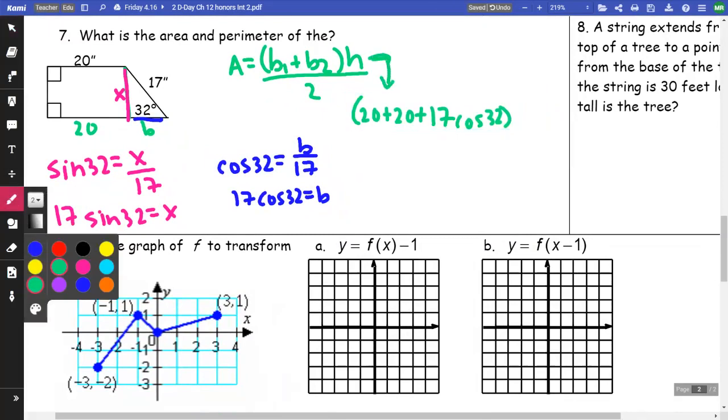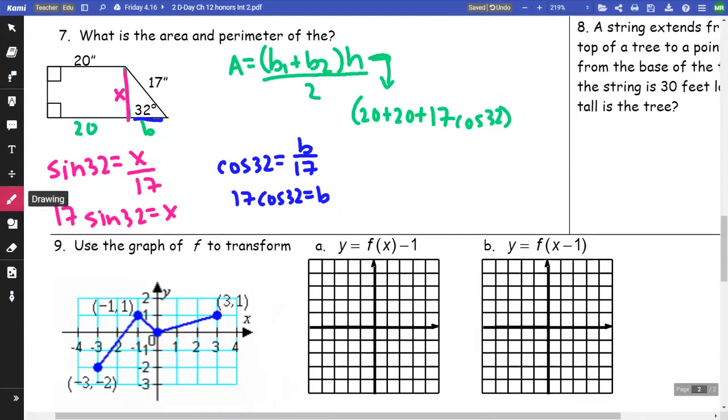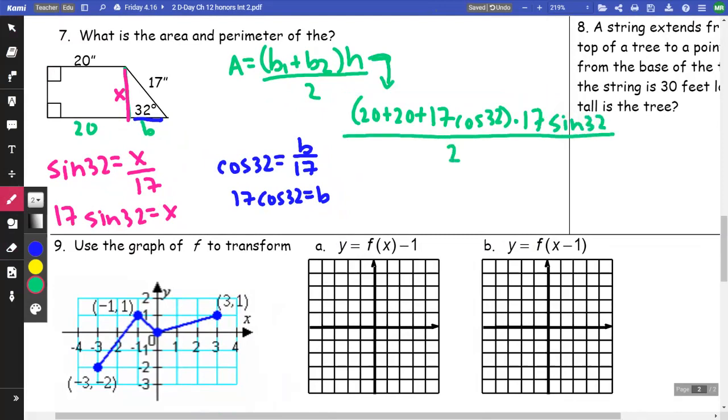So this right here is going to be my area. I'm going to take my base 1 and base 2, and then I'm going to times it by the height, which is 17 sine of 32, divided by 2.